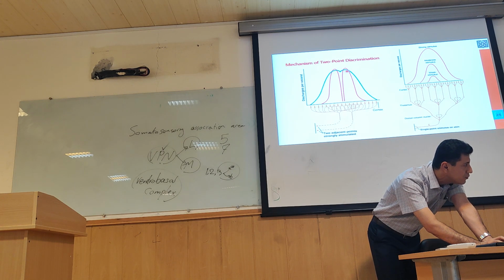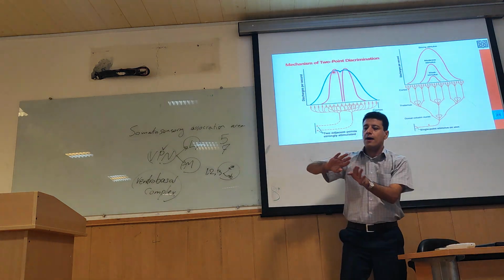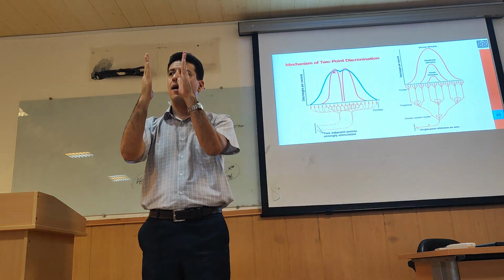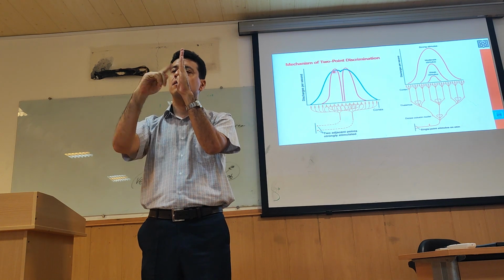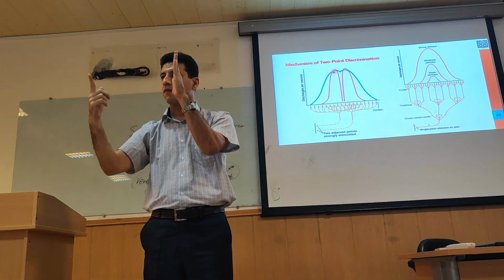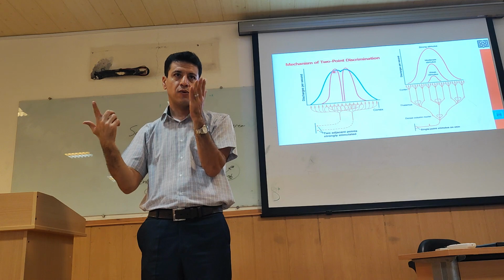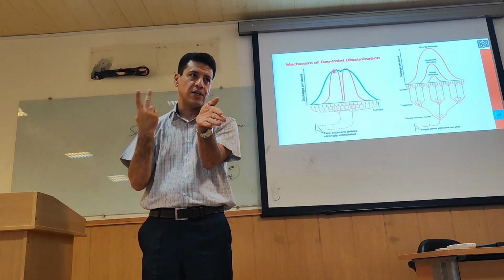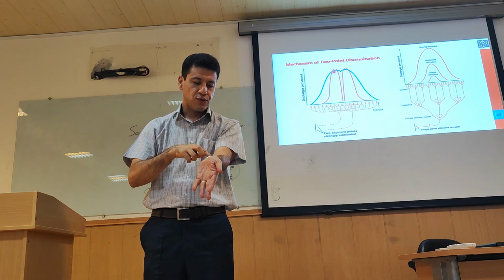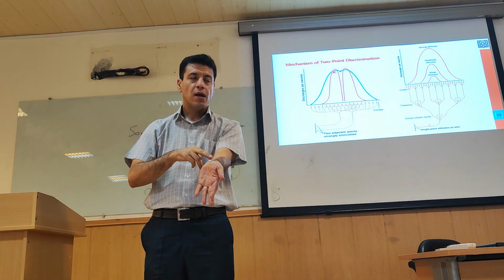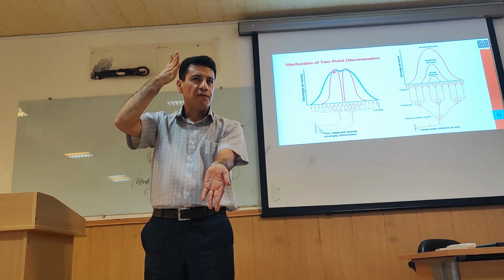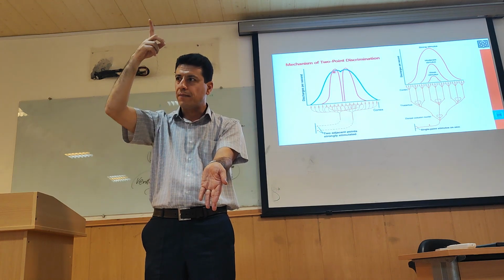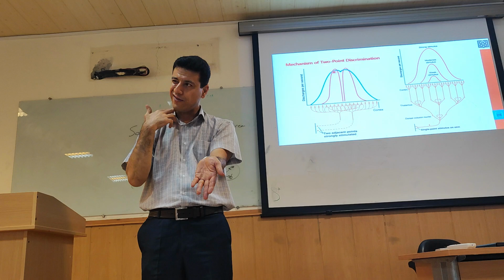And these two peaks are very close together, and it seems like we have only one point of stimulation in the cortex. So the cortex is not able to discriminate between these 2 points of stimulation. So in the skin, we have 2 points of stimulation, but the cortex is not able to differentiate between these two. And the cortex thinks that there is only one point of stimulation, right?